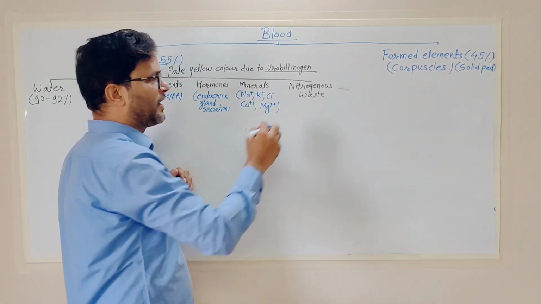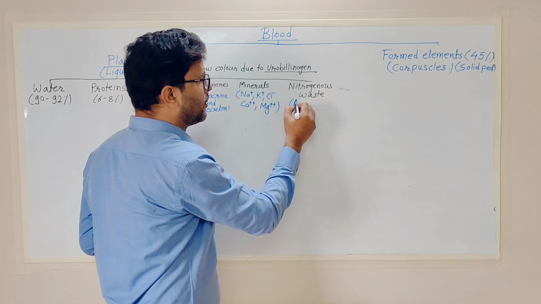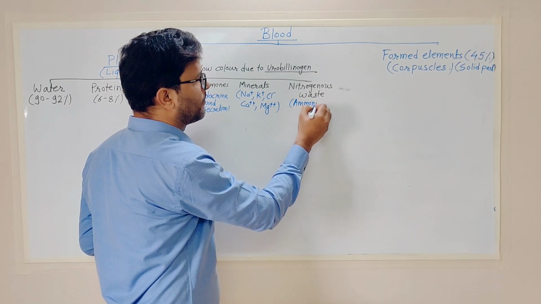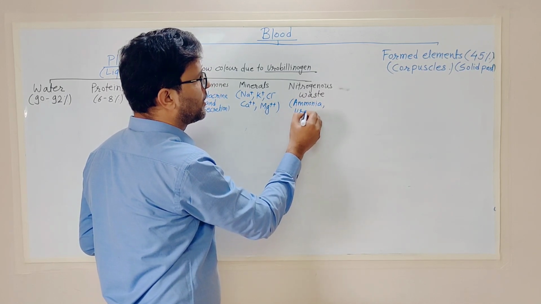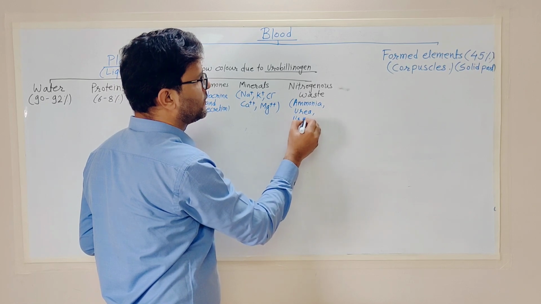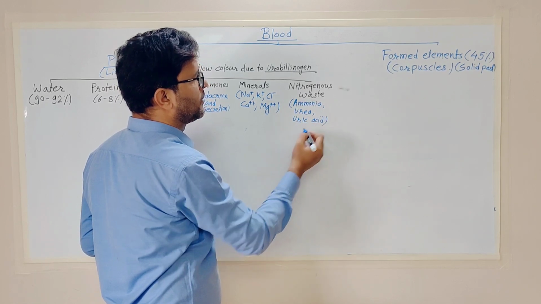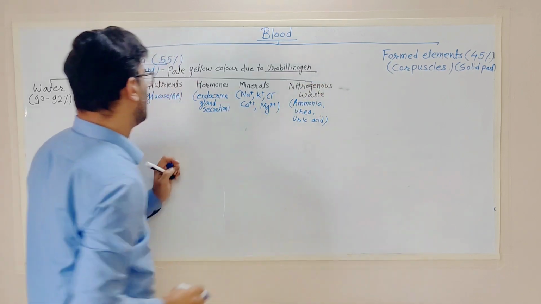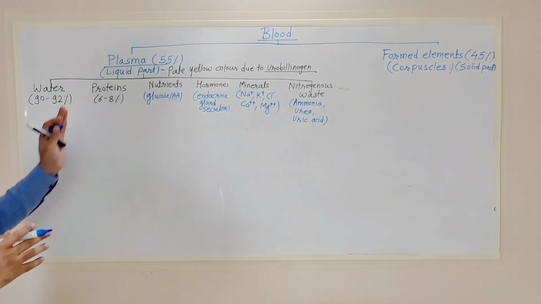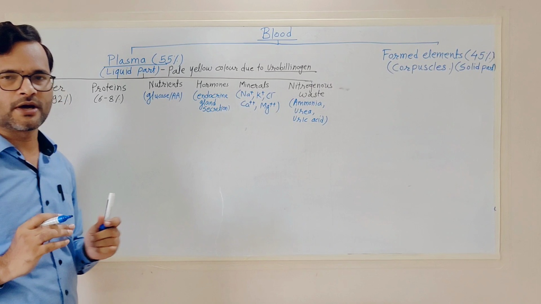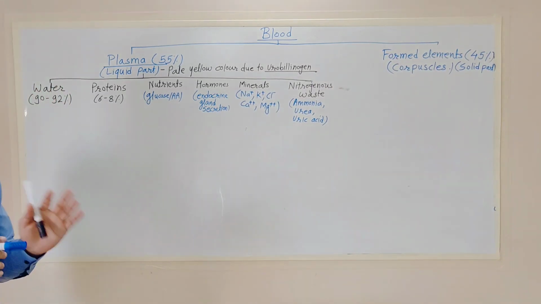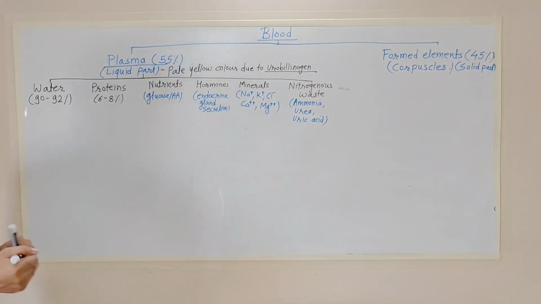Okay, and the nitrogenous waste, which are ammonia, urea, uric acid, are also present. Clear?